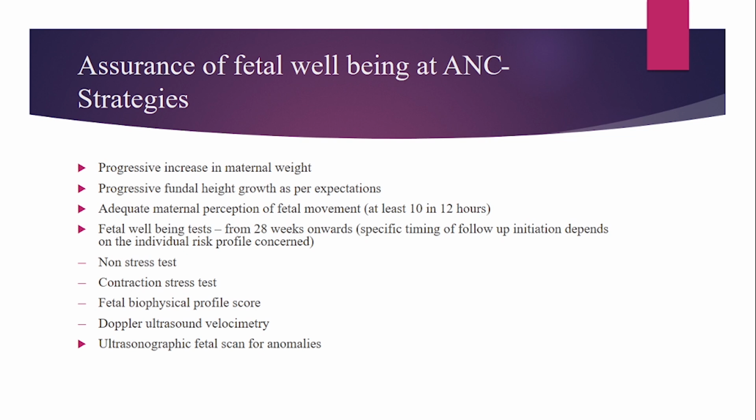And you may need to do invasive procedures and ultrasonic fetal scans for some abnormalities. So these are very important things that you may need to do to reassure the woman that the baby is doing fine, and also to reassure yourself as obstetrician that the pregnancy is progressing adequately.